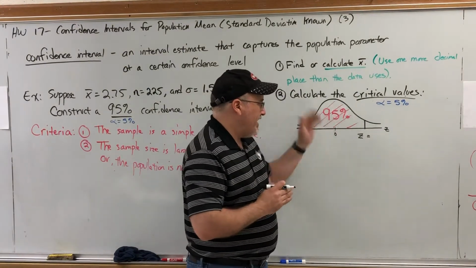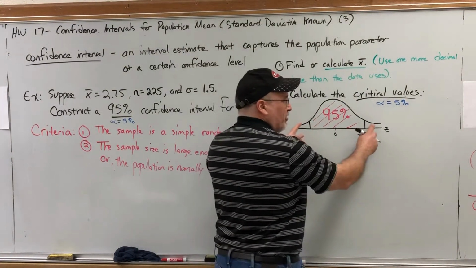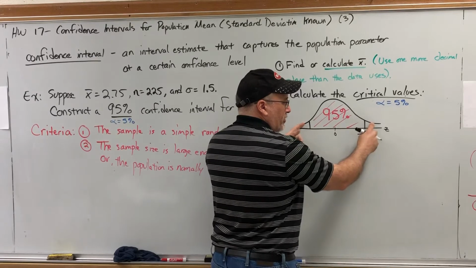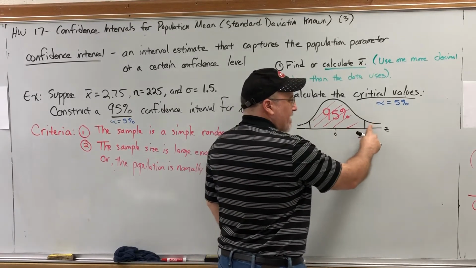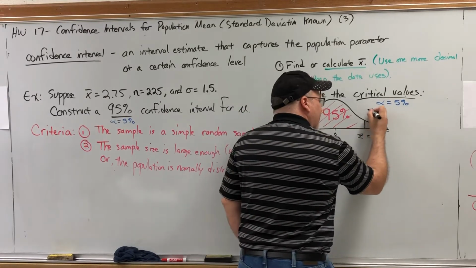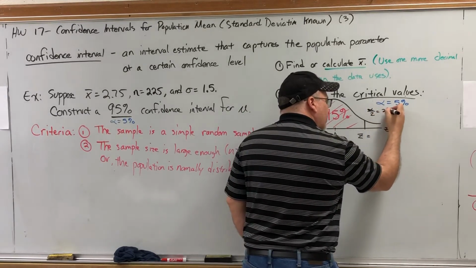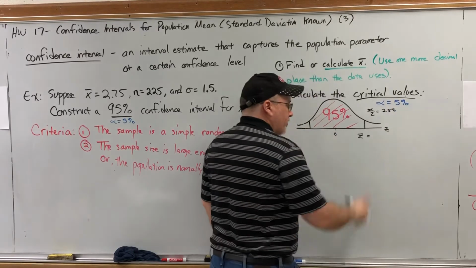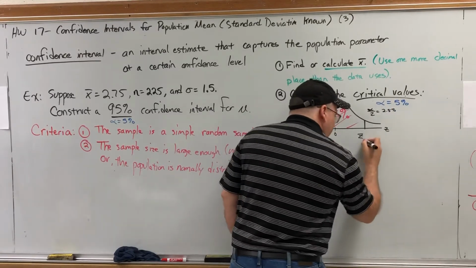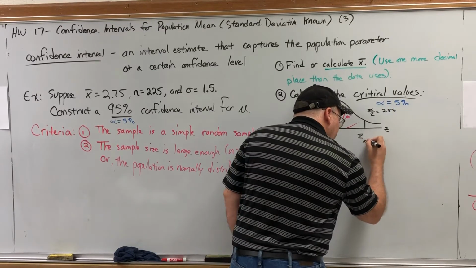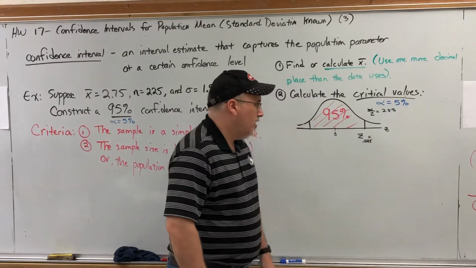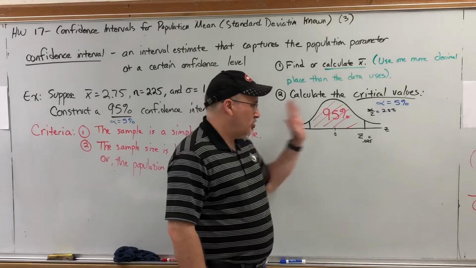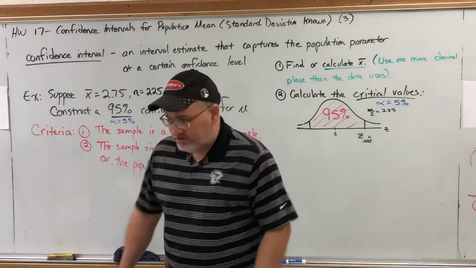Well, if the middle is 95%, then the remaining 5% are these 2 tails. So if I cut the 5% in half, this is 2.5%. So alpha over 2 is 2.5%. So z of 0.025, 2.5% as a decimal, means the z that has 2.5% to the right of it.